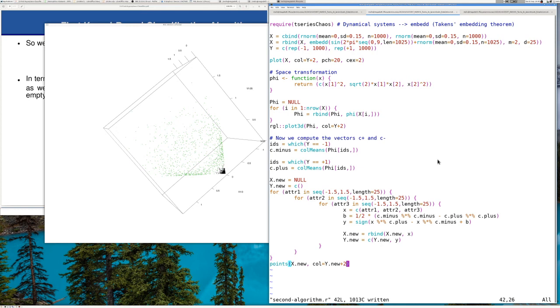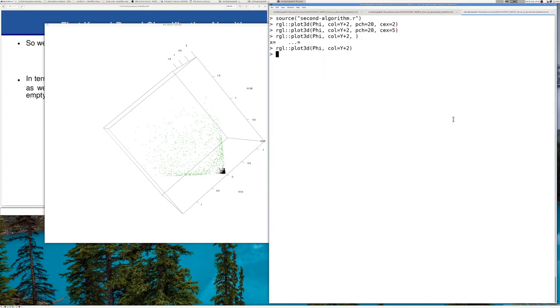And of course, I need somehow to plot my results over here. How can I plot those? I can just use the same thing. Instead of plotting phi, I think it's possible to plot points 3D. Let's see if there is a function in RGL which is like points.